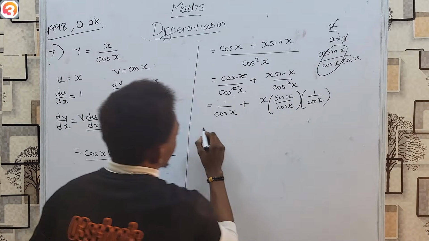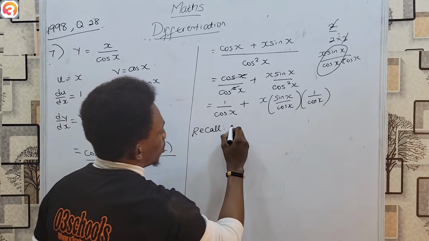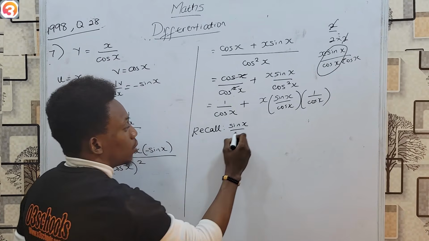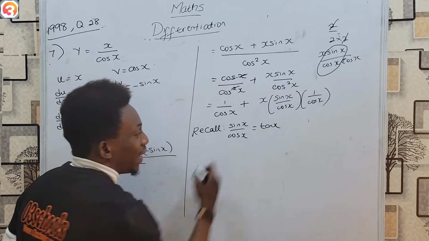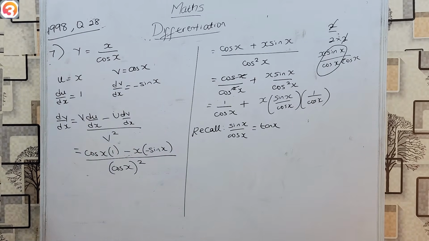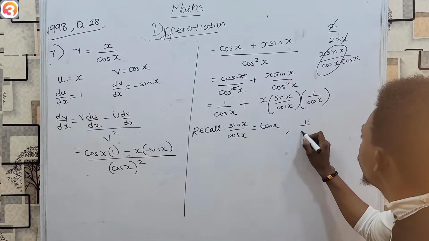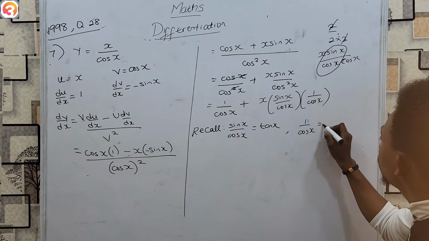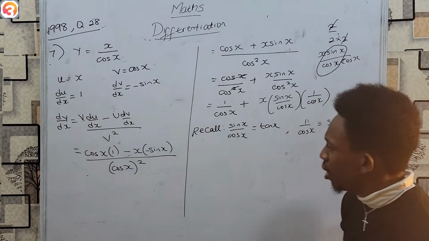Let's recall something you should know already, that sine x over cos x equals tan x. That's knowledge that we should know from trigonometry. And also that 1 over cos x can be written as sec x.